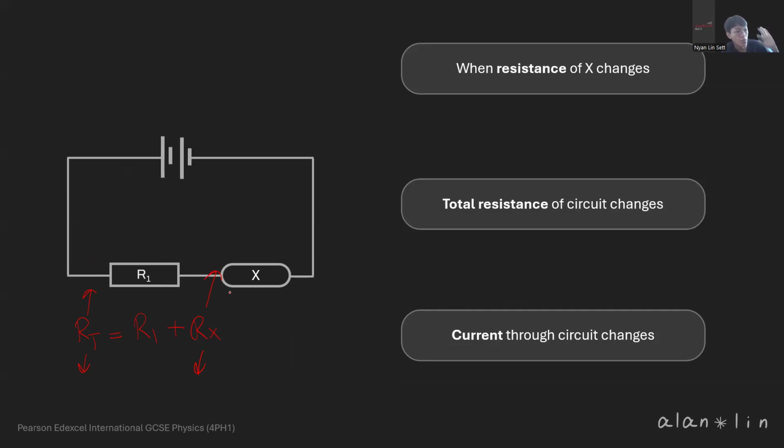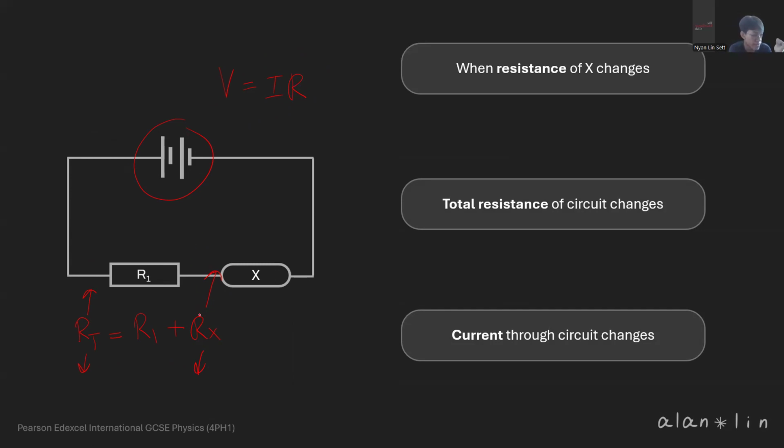Okay, so once we know how the total resistance changes, we can now take a look at how the current through the circuit changes. Now, the battery supplies voltage, and that voltage is constant. And so if we take a look at current and resistance, they're going to have an inverse relationship.